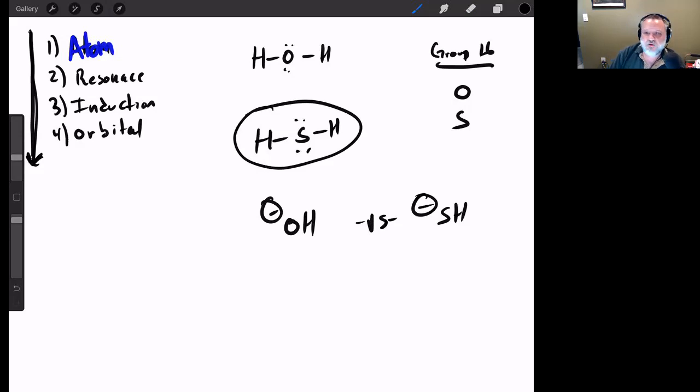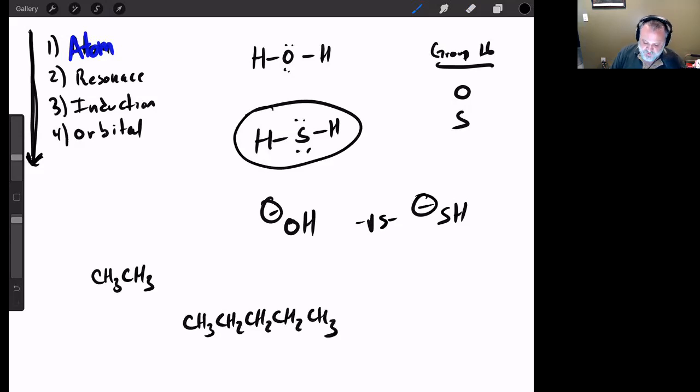Well, what's going on here between the two atoms, oxygen and sulfur? Well, it's the same sort of thing when I compared ethane versus pentane's intermolecular forces. It's the same idea. Ethane is smaller than pentane.